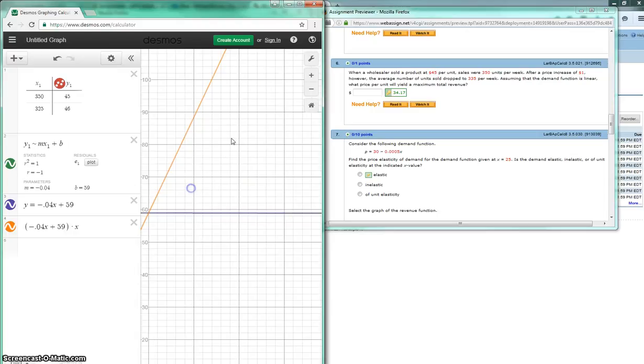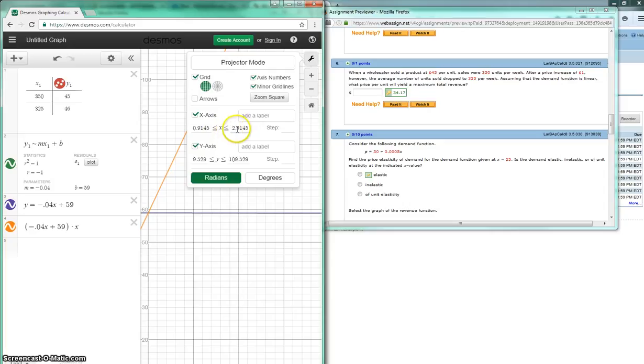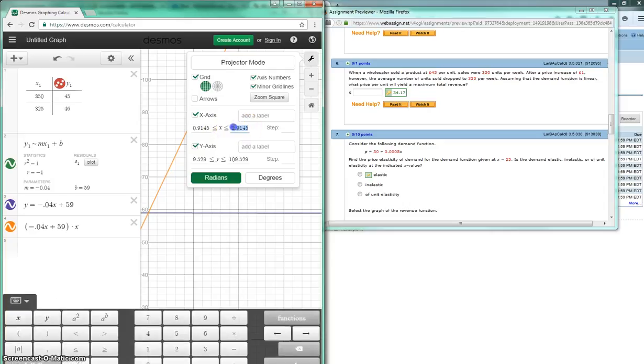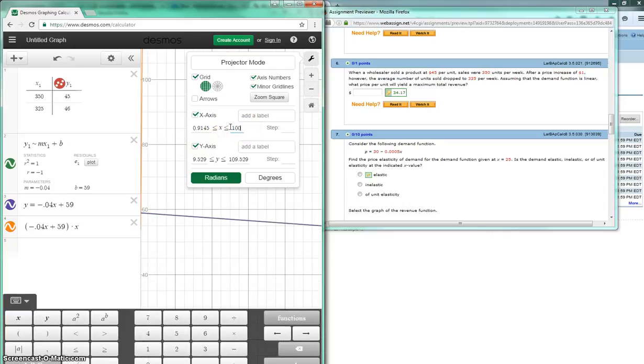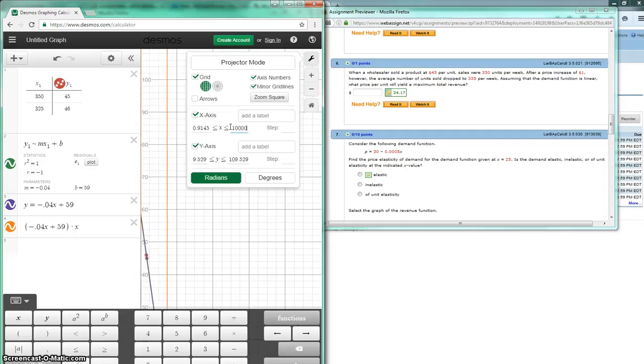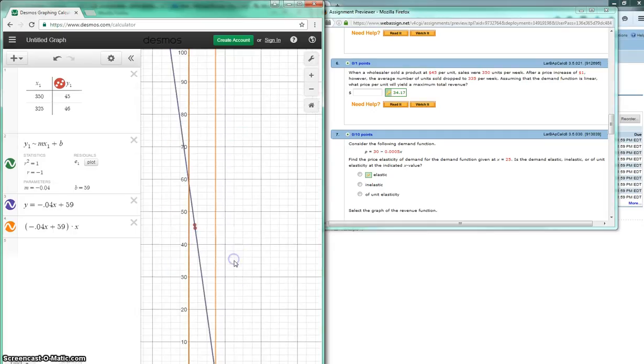Let's see. We see this thing take off. It would be a quadratic, right? Because I'm multiplying. So I'm going to have to take that number up quite a bit. Let's go to... So I see that it just came down, right?